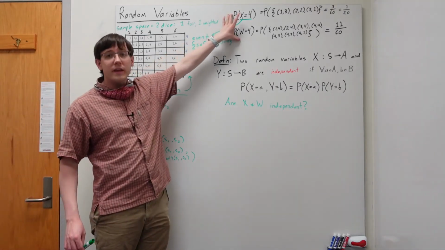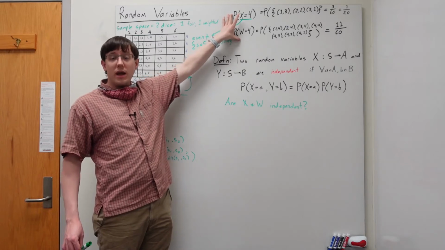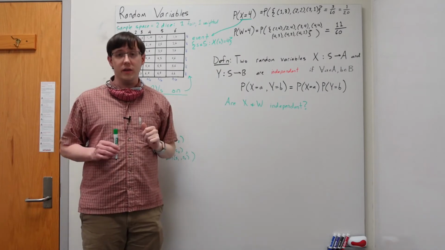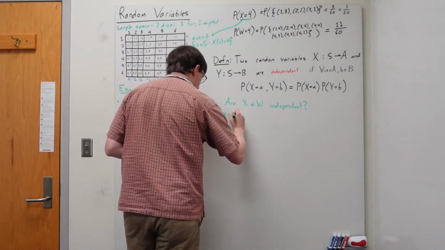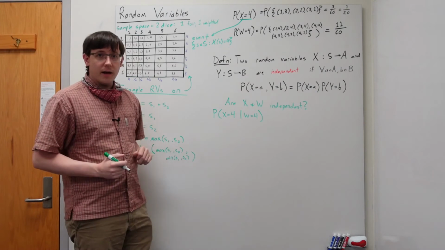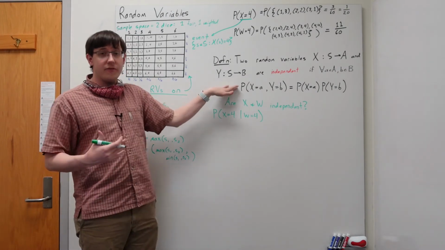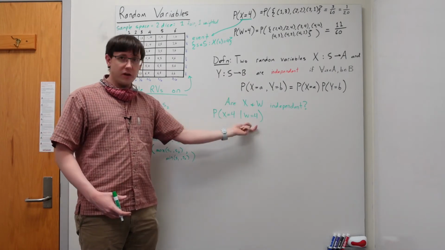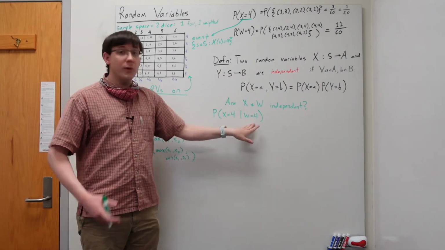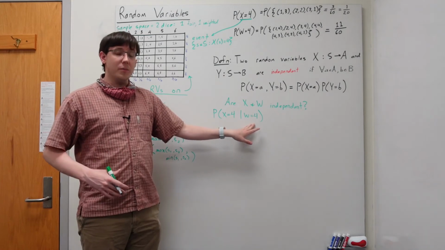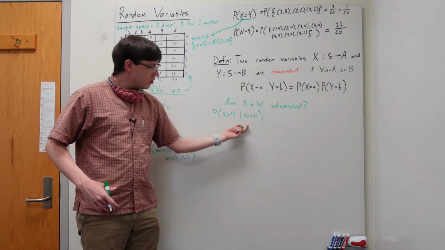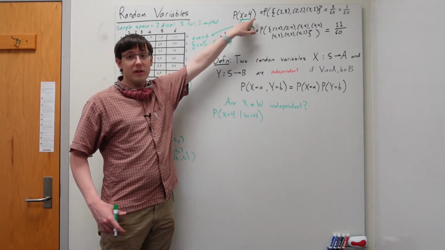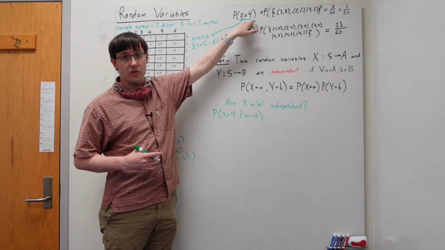And so let's think about these events that we have already considered, X taking on the value 4 and W taking on the value 4. And here I will use the equivalent definition of independence of events in terms of conditional probabilities. So for these two events to be independent, it must be the case that the conditional probability is the same as the probability that X was 4 unconditionally.